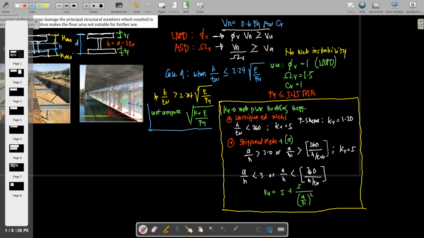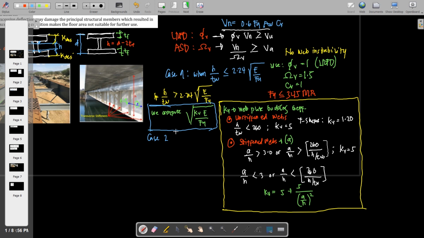So, here now comes case number 2. In case number 2, we assume that we have calculated KV. So, no problem here because we just have to perform this.